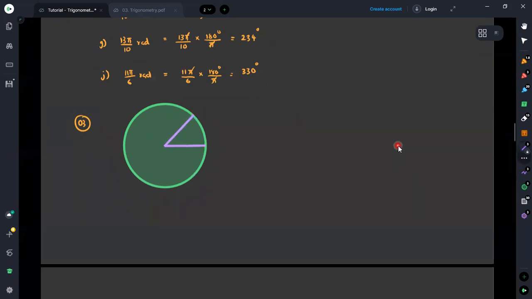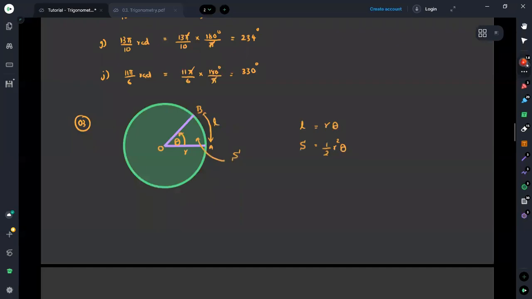The center O is considered, and the points are A and B. Then the angle theta is considered, the length of arc AB is L, and the area is S. To get the length, L equals R times theta, and S equals half times R squared times theta.